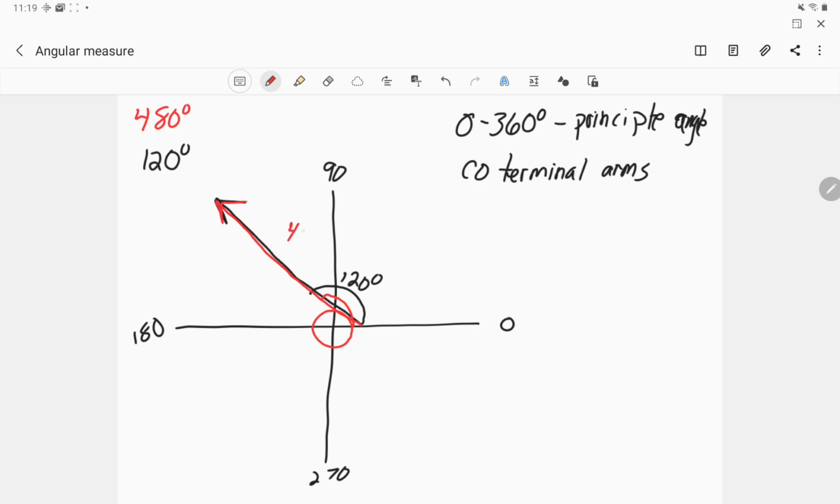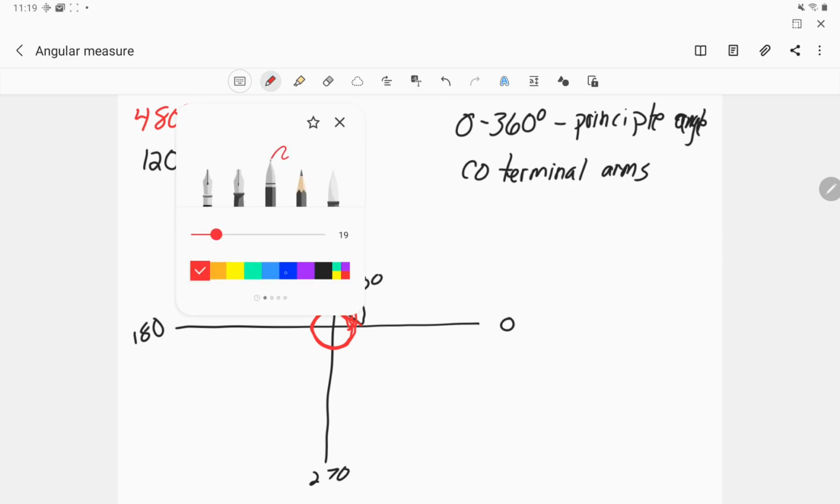That is 480 degrees. It's at exactly the same place as 120, except I had to go all the way around the circle once and then go that extra 120 degrees. So 480 and 120 are coterminal angles. Okay? They are coterminal arms. They're drawn in the same place.